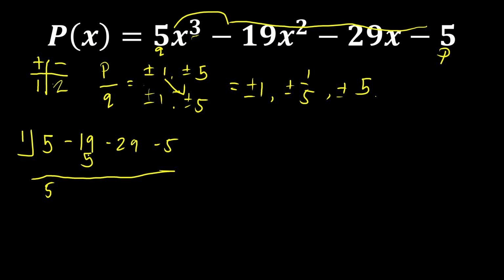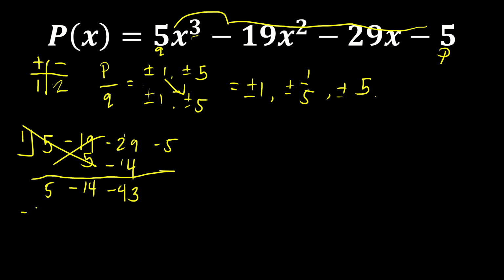Negative 19 plus 5 is negative 14. Negative 14 times 1 is negative 14, and obviously hindi siya mag-equal to 0, kasi this will be negative 43. Malayo para maging 0, di ba? So, hindi nakatamang sagot si positive 1.